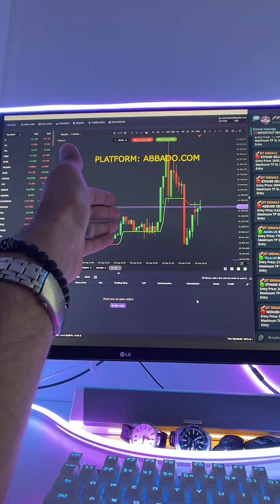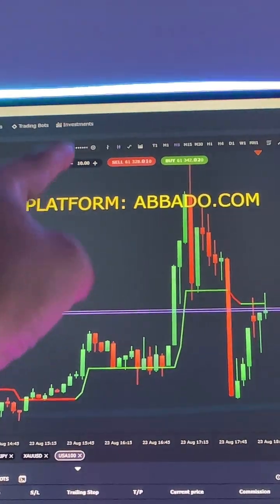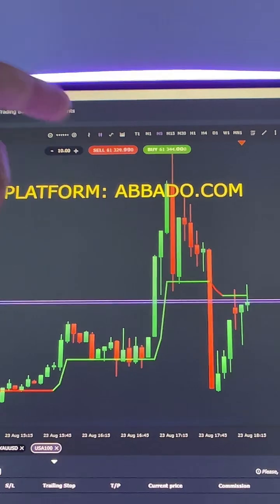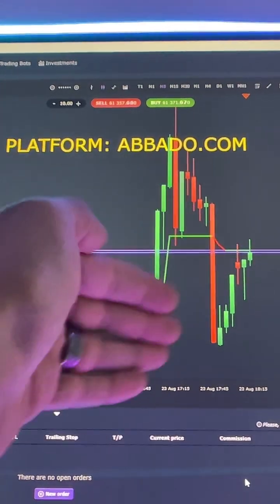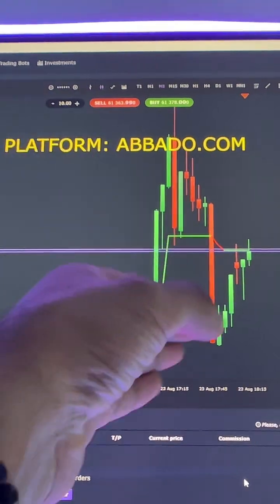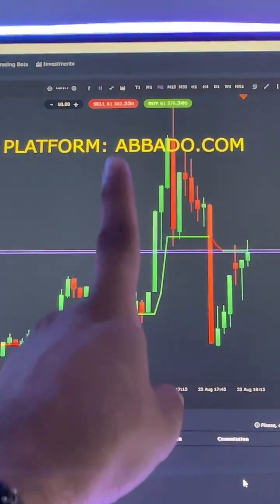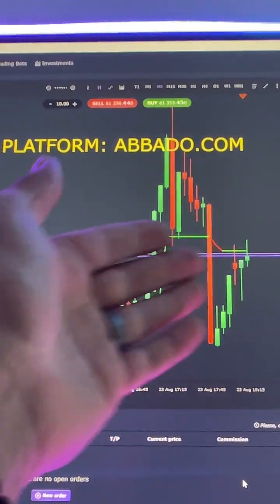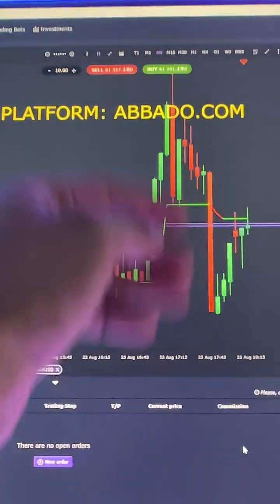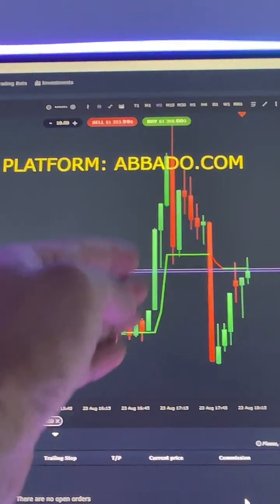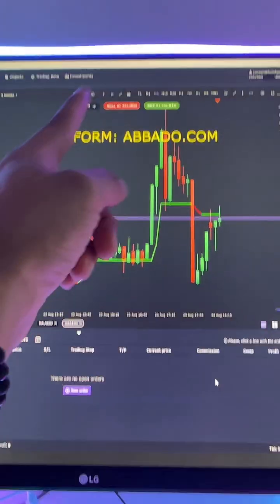What is lot size? Lot size is the number you see right here, where I have set it to 10. What does that mean? That means each point that the market moves is worth $10 for me. If I set it to one, each point the market moves will be worth $1. So you're controlling how big your trade is by using the lot size.